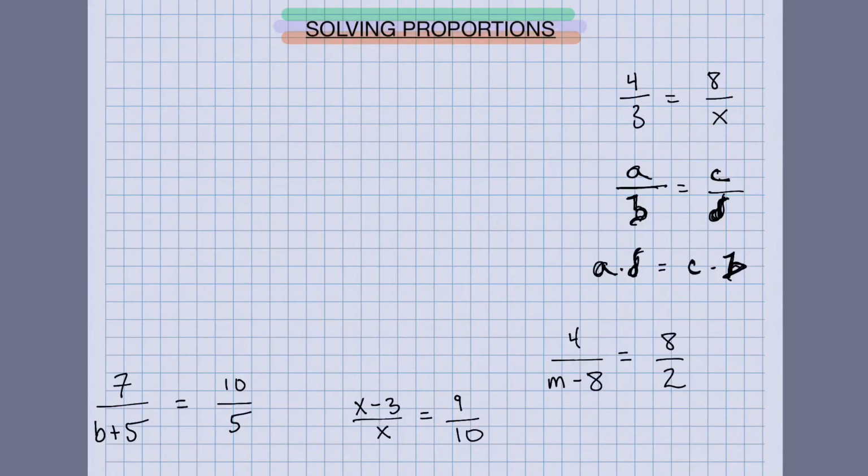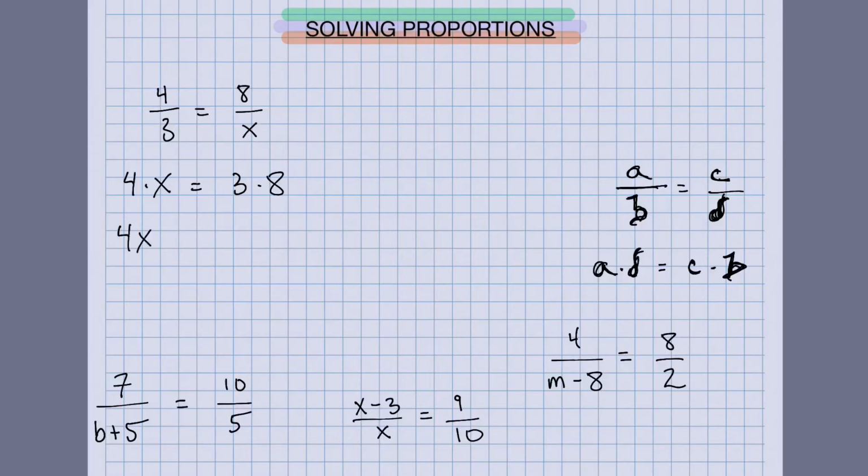Let's look at another easy one. Okay, 4/3 equals 8 over x. Once again, we're just going to cross multiply across this equal sign. Okay, this only works if you have an equal sign here, kind of separating these two. So on the left we have 4 times x equals 3 times 8.